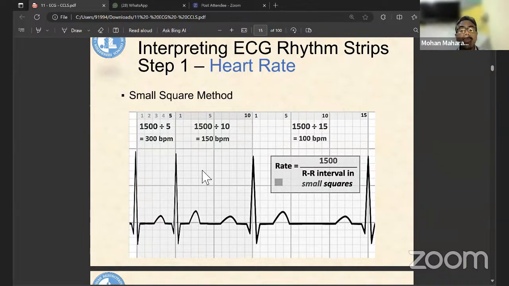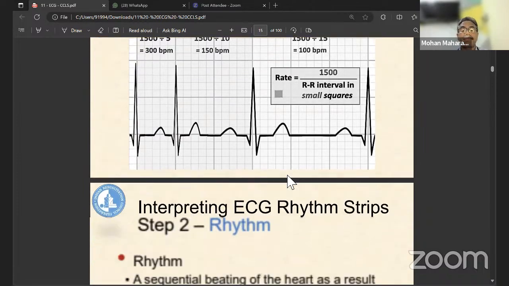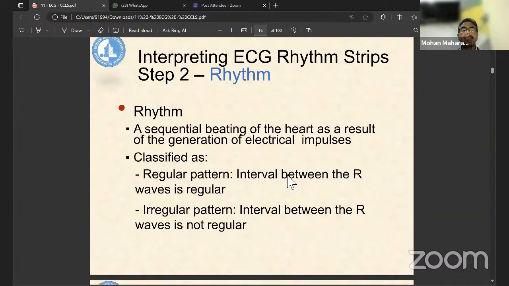If it is 10 small squares, that is going to be 150. That is how we can calculate.